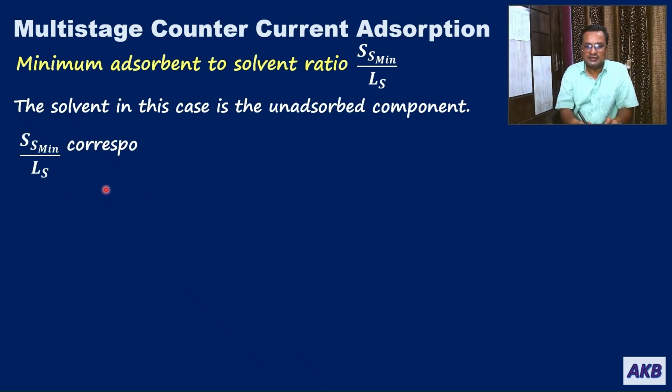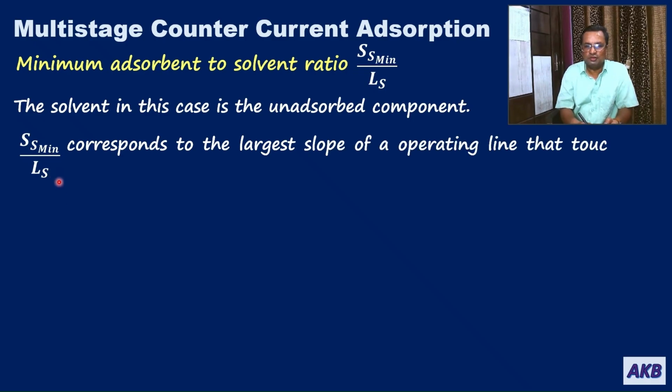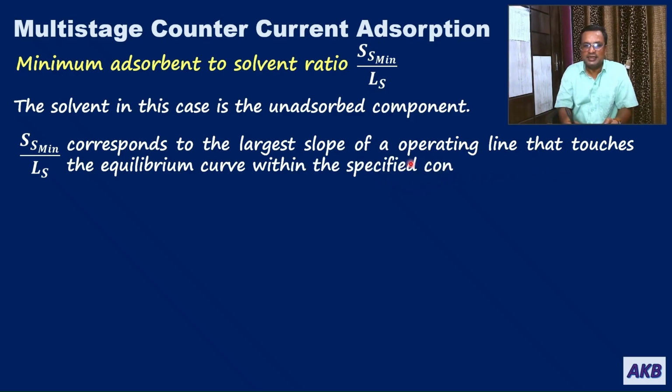So SS minimum by LS, this ratio, minimum adsorbent to solvent ratio, corresponds to the largest slope of an operating line that touches the equilibrium curve within the specified concentration range.